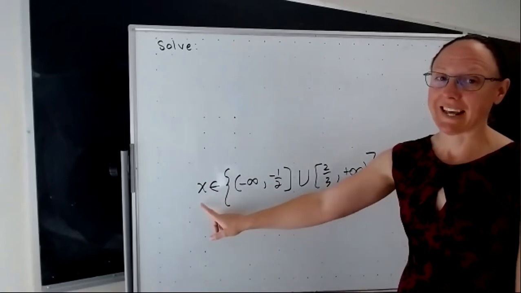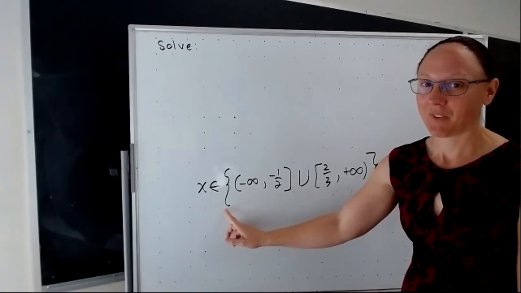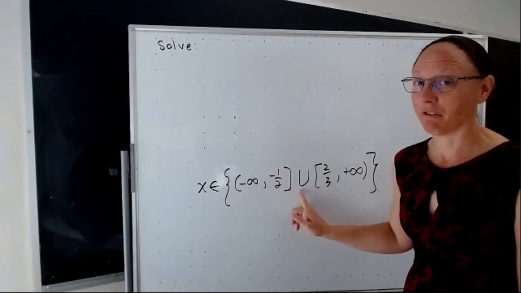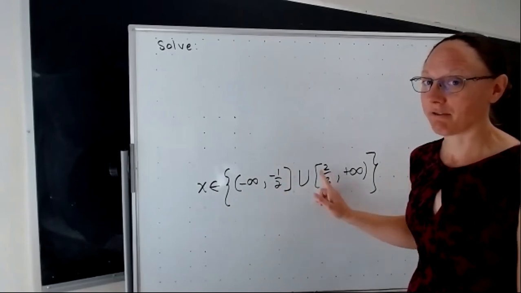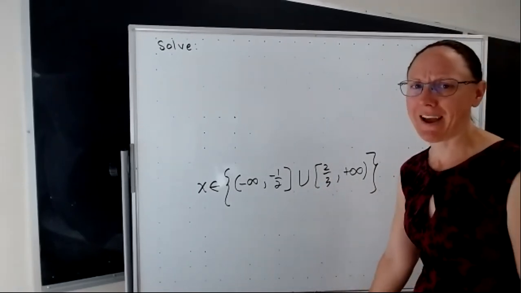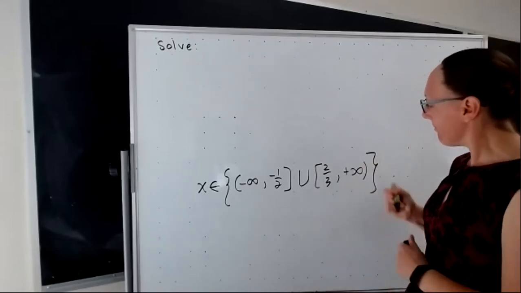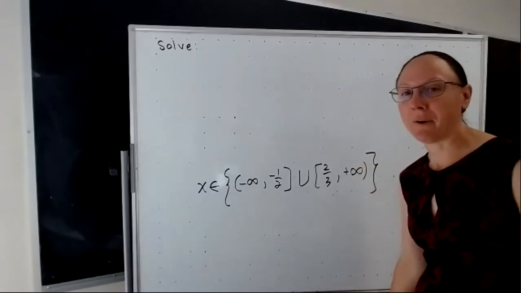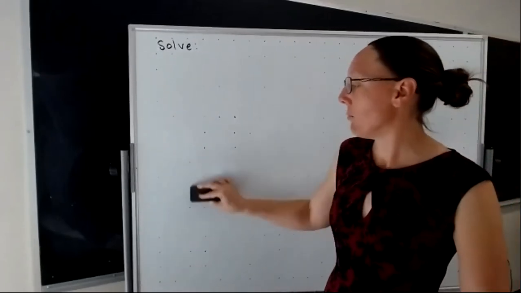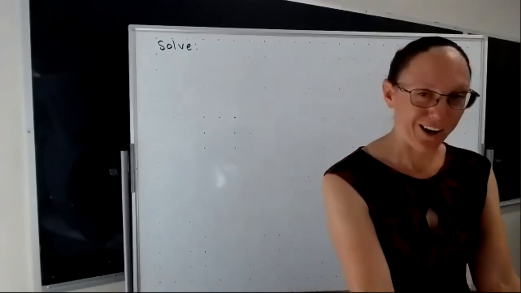And I would read this as X is an element of the set of numbers between negative infinity and negative 1/2 inclusive, or the numbers from 2/3 inclusive to positive infinity. No one's writing that? Oh, totally looks like a 2. Anyway, this notation, for those of you headed to the 21 series, you might have to use sometimes. For the rest of us, mere mortals, not usually.